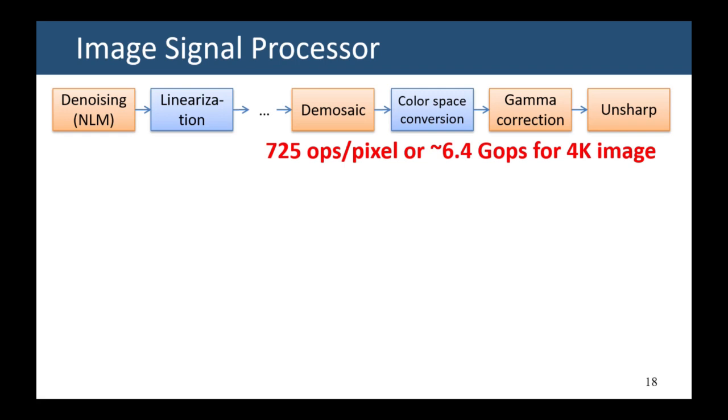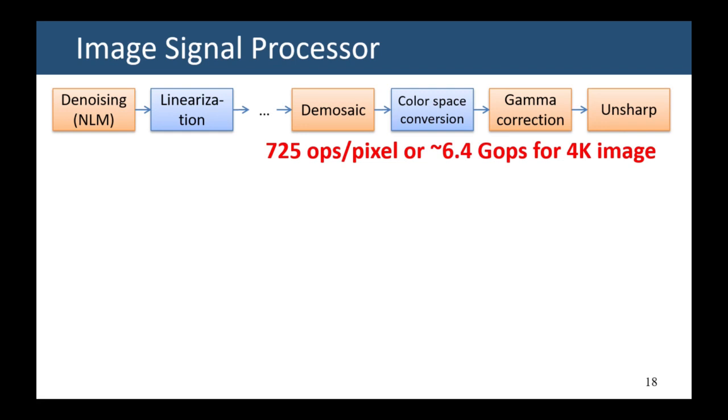Basically, it is an ISP pipeline which converts the raw image to an observable image. It can be displayed on a normal screen. It has a pipeline of sub-kernels, for example, denoising, linearization, demosaicing, color space conversion, and so on. We choose 4 kernels for the experiment, colored orange here, which are denoising, demosaicing, gamma correction, and unsharp.